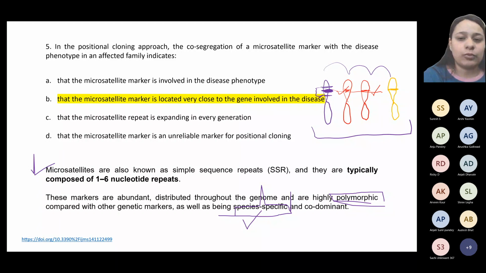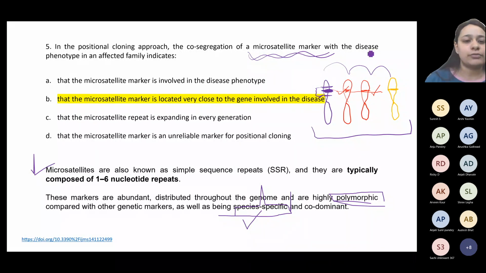What we have to follow is this marker. How do we know if this marker is reliable? We know that by seeing whether, maybe at 90%, it is present in the individual who has the disease.